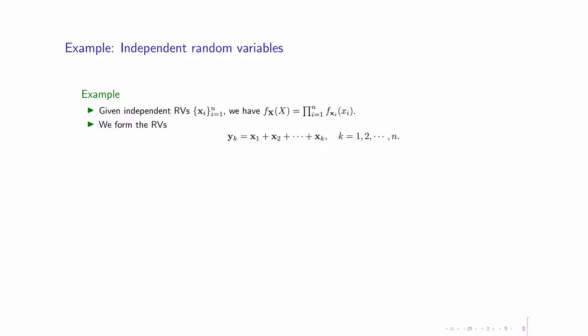this is a system of equations, because it means that y1 is equal to x1, y2 is equal to x1 plus x2, etc. You could see this as y1 equals x1, then y2 is equal to y1 plus x2, and y3 is equal to y2 plus x3, and so on.